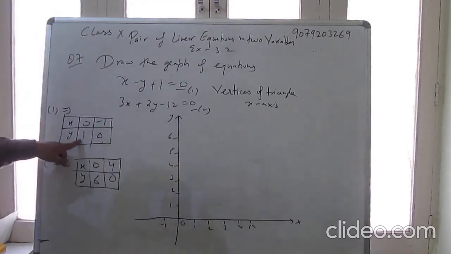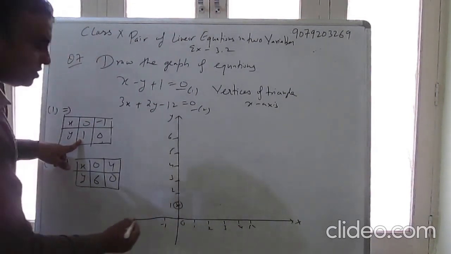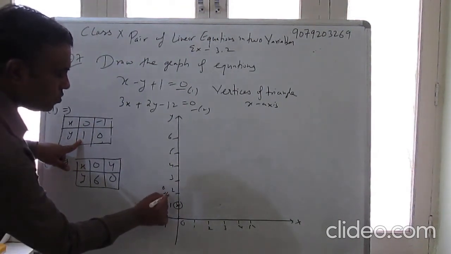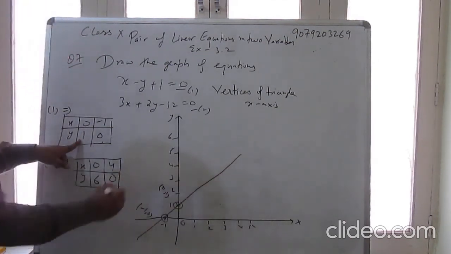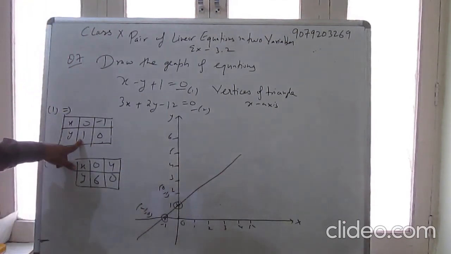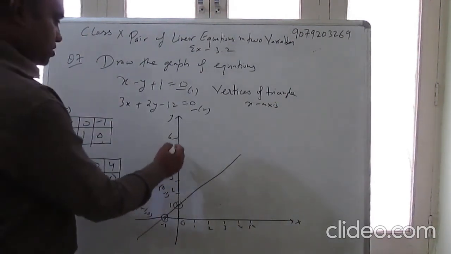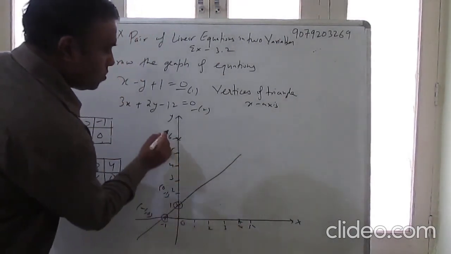Now this is 0, 1, and this is minus 1, 0. Draw a straight line passing through these 2 points. This is equation 1. Now this is 0, 6, and 4, 0.